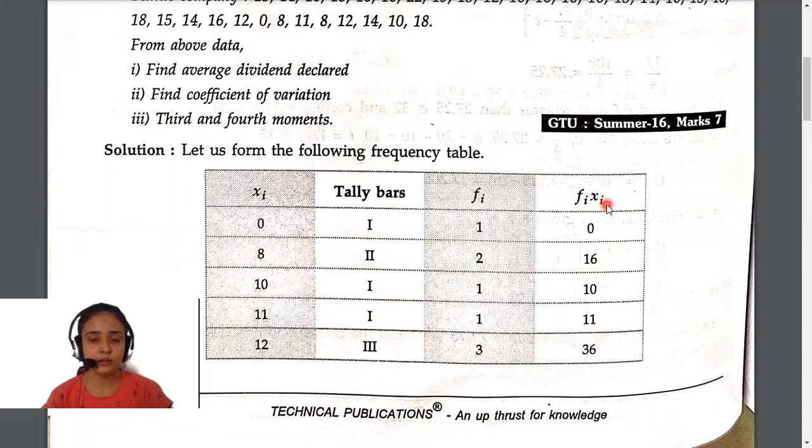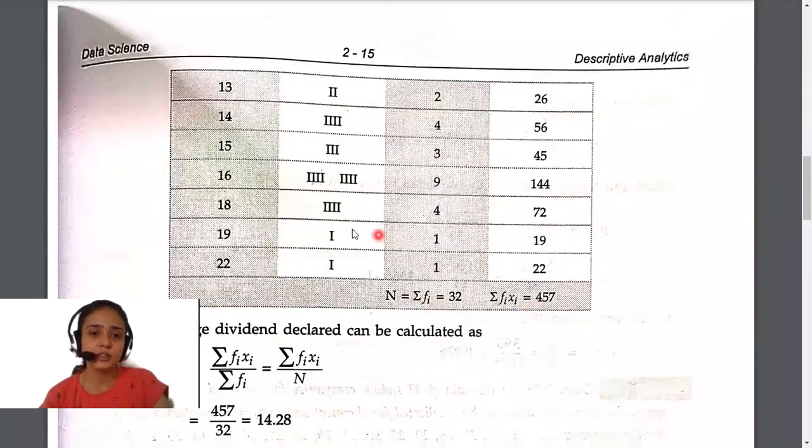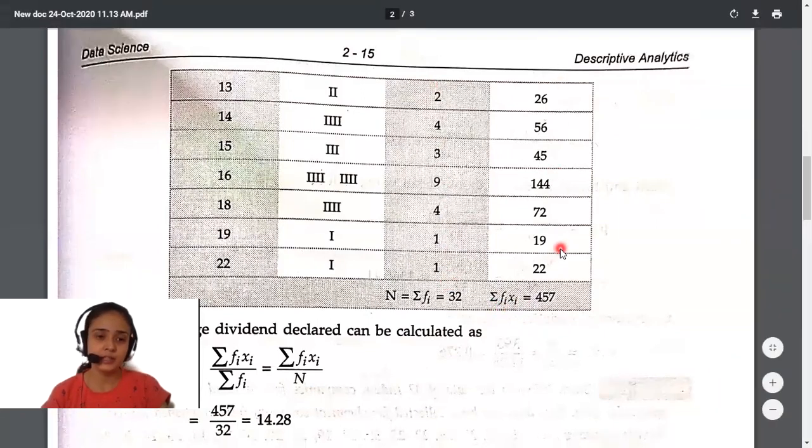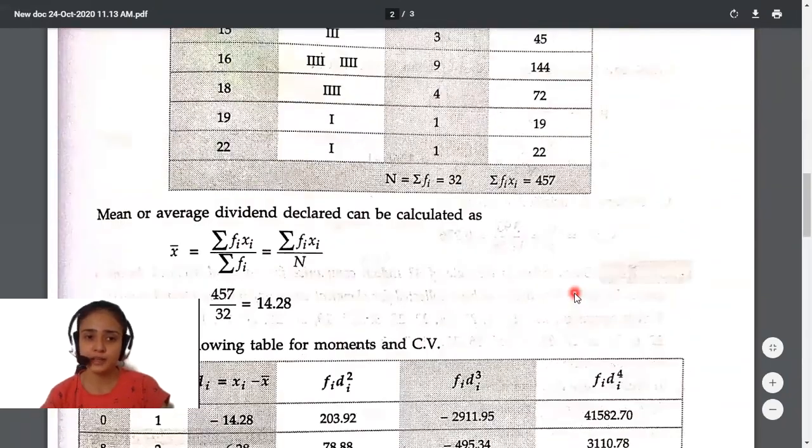And xi times fi is like this: 8 into 2 is 16, 10 into 1 is 10, 12 into 3 is 36, like that. So I have found the summation of fi, that is all the fi, and the summation of fi into xi, that is the summation of all the values in this particular column.